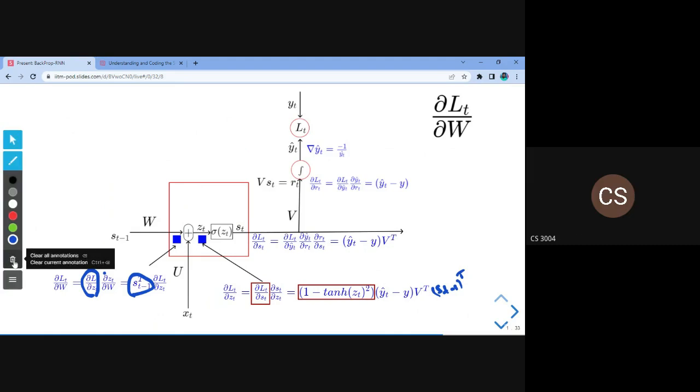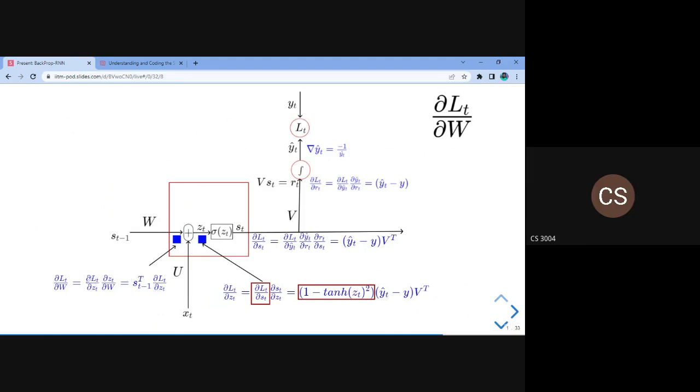The gradient of W at time step t. Yeah, we keep computing this gradient for each time step, so it's redundant to put t here. I'm just saying the gradient at time step t for W, at any time step. Fine.